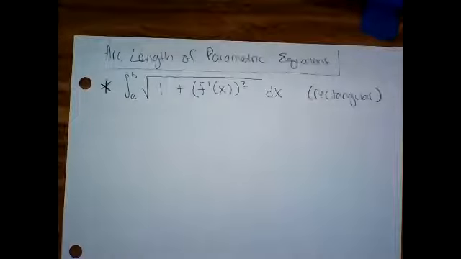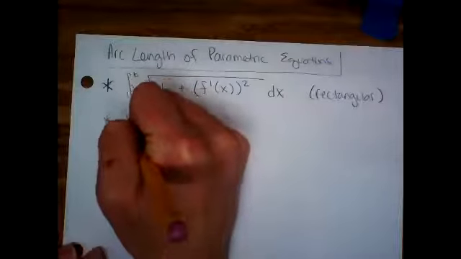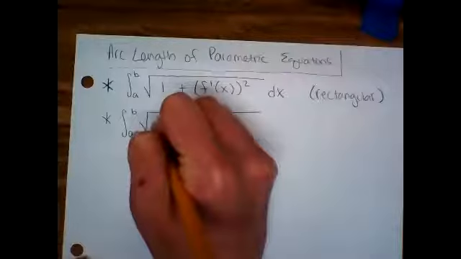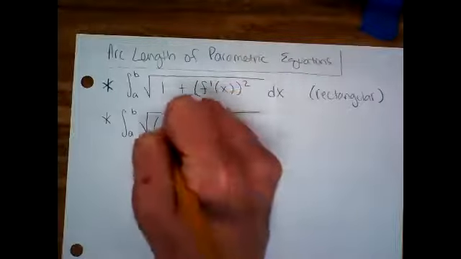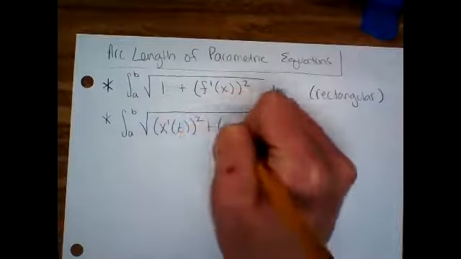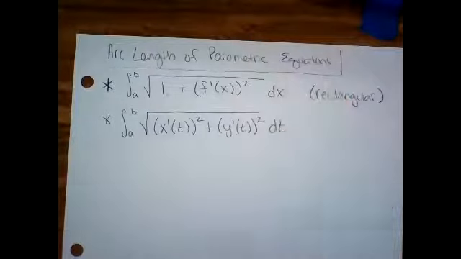We're going to do the same thing with our parametric equations, and it is practically the exact same formula. So I don't want you to view this as new information. We're just adjusting our old information, all right? It's integral from A to B, draw yourself a gigantic square root, and it is x prime of t squared plus y prime of t squared dt.